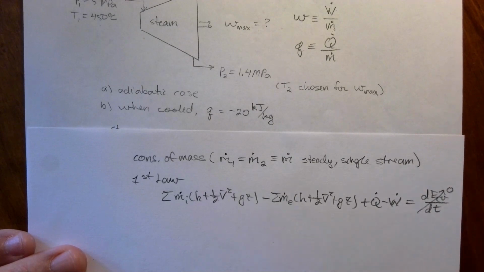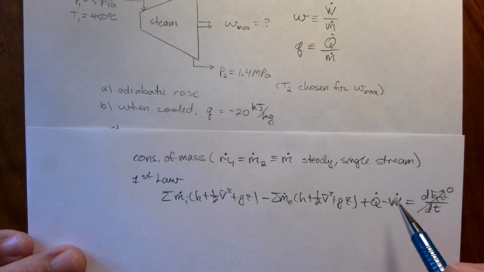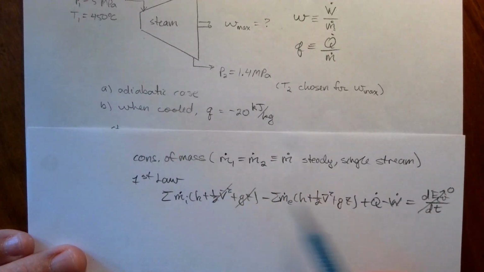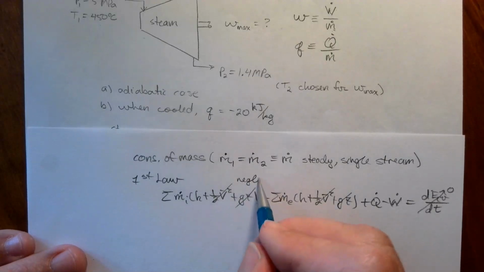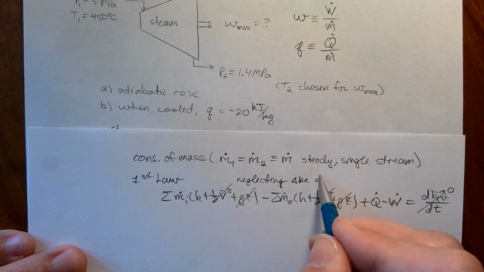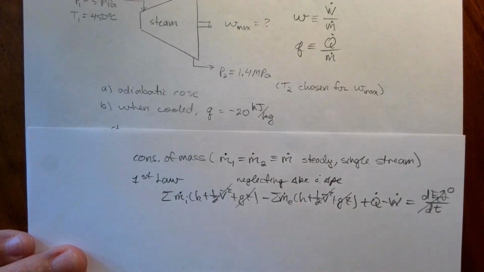Equals 0 because it's in steady state, so that right hand side is gone. We don't have any information about kinetic and potential energy. In fact, it says neglect that, so we're going to neglect those changes in kinetic and potential energy. So I'll write that up here. Neglecting delta kinetic energy and delta potential energy. One inlet and one exit.